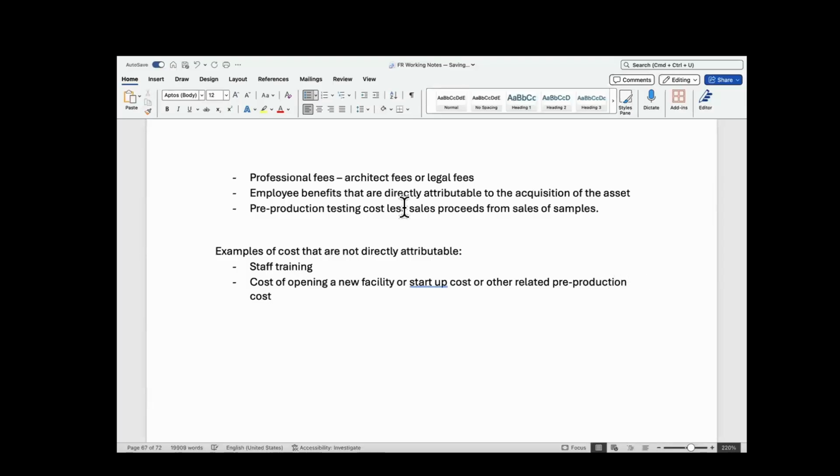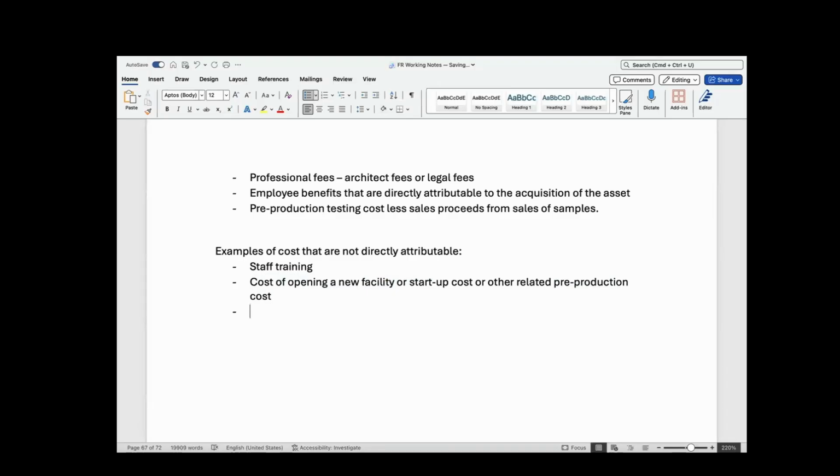These costs are expensed. You incur a cost to open the facility, you have a structure ready, you did an opening ceremony, you called people, or any cost after the asset is ready. You are not incurring some cost just before you start using it. You expense those ones. You don't capitalize them.